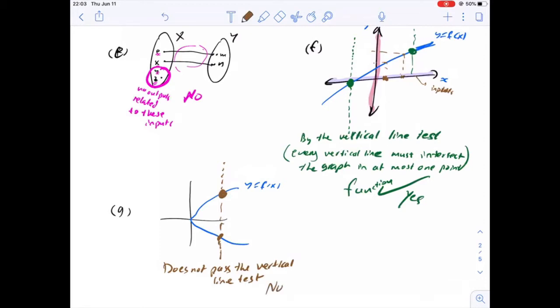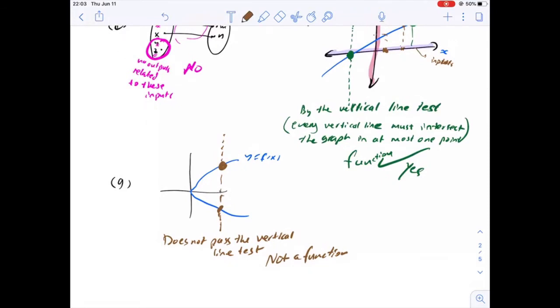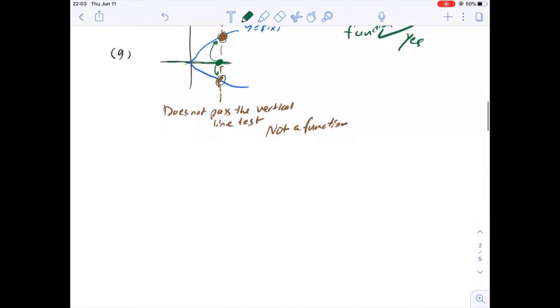That means it's not a function. It's a relation, but it's not a function. Or if you look at this point here, it gives two images, two outputs, this output and this output. So two outputs are associated to one input, and that means this is not a function.